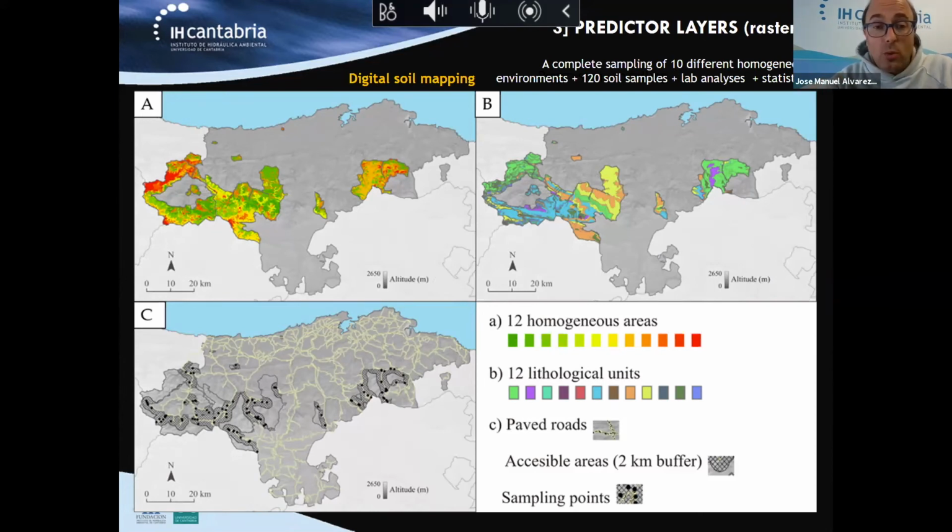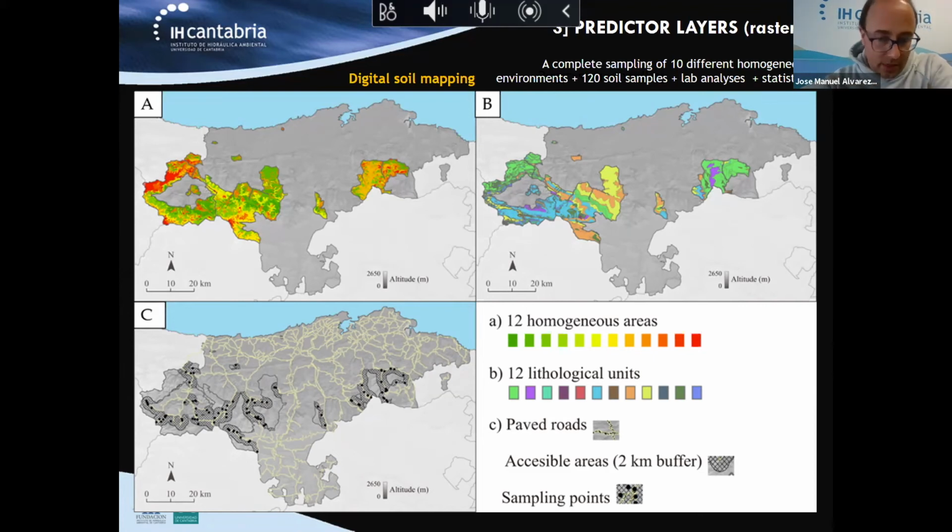So as I explained, what we did first, like in the A and B part of this figure, you can see what we did was to stratify the territory in homogeneous areas. So areas that are homogeneous in terms of altitude, slope, aspect, vegetation type, land use history, solar radiation, even a realization of climatic conditions.